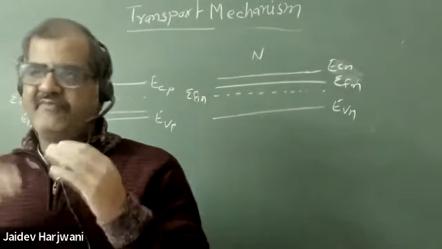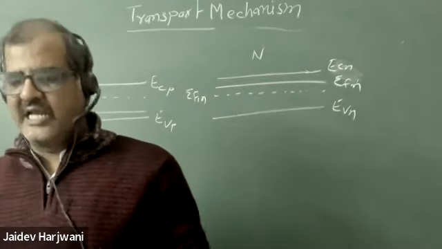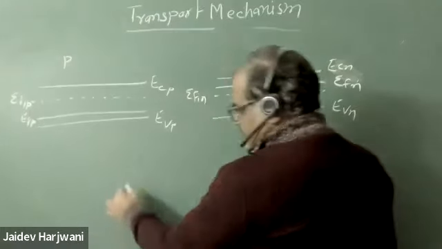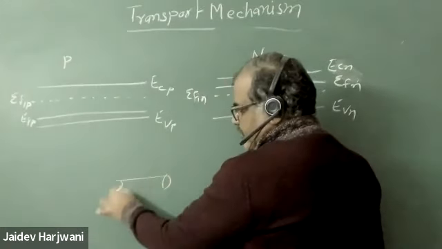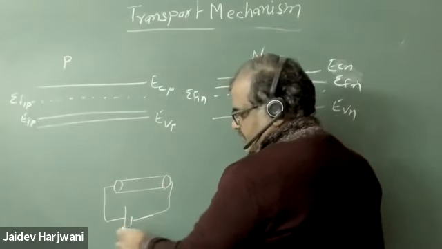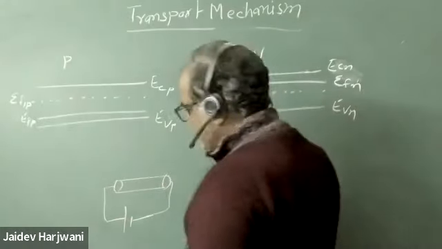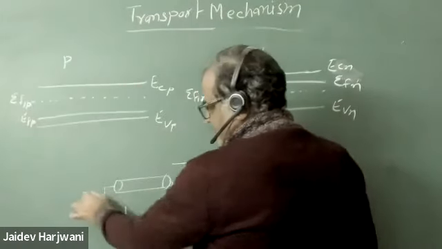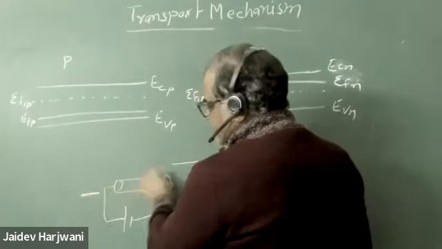If there is a difference of Fermi level, there is always a flow of charge carriers. Like in a metallic wire or rod, when you apply a voltage, this voltage difference creates a difference in Fermi levels at the ends.